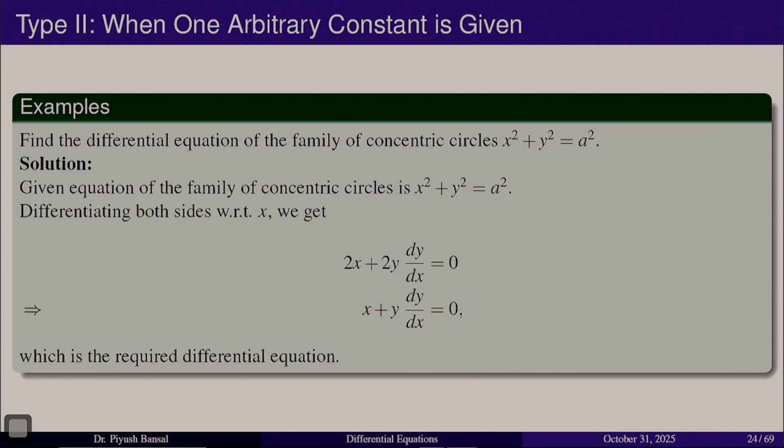So this is the way we can find it out. Since a is already separated, a square, we just differentiate both sides to obtain 2x plus 2y dy by dx equal to 0, and this will give us the resulting first order differential equation for the given family of concentric circles.